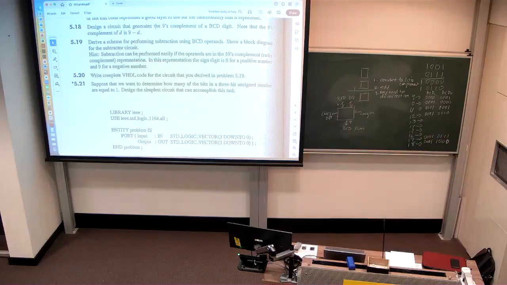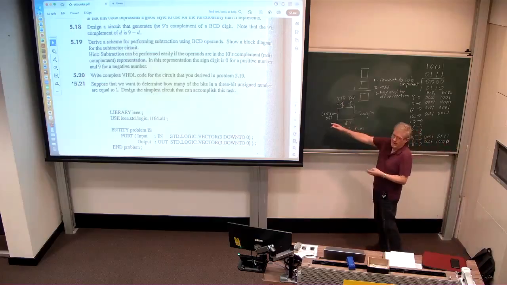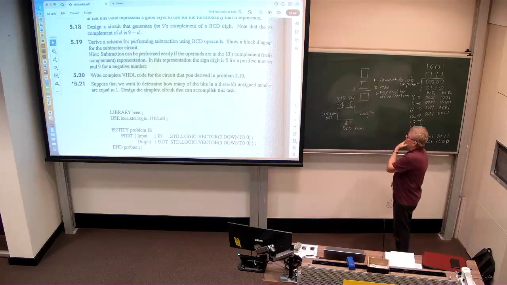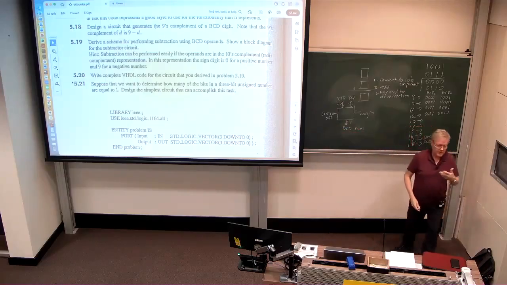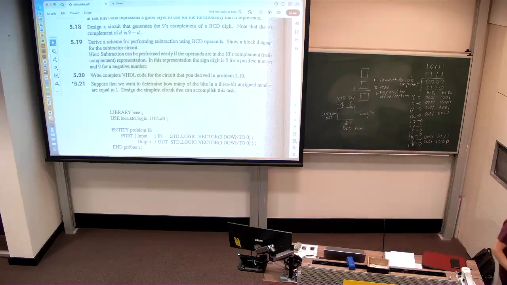Is the specification clear? We're adding together two BCD digits. We know that a BCD digit can only exist between 0 and 9. And we want a BCD sum and a carry out. So if the sum is 9 or less, we don't have to worry, then it's fine.